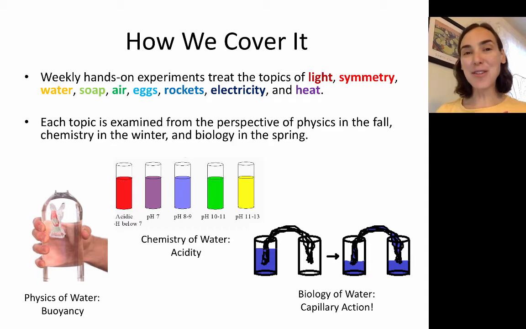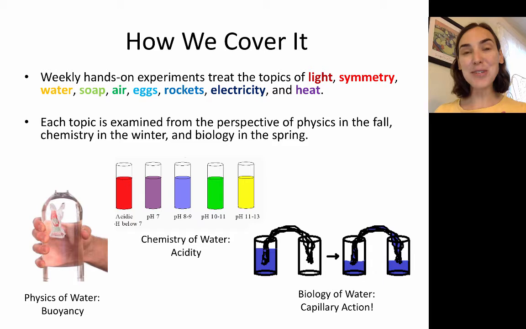So we cover these 3 topics by treating 9 themes from each of the 3 perspectives in the context of hands-on experiments. In physics, for water, for example, we'll think about buoyancy and how objects submerged in water move and the forces that operate on them.